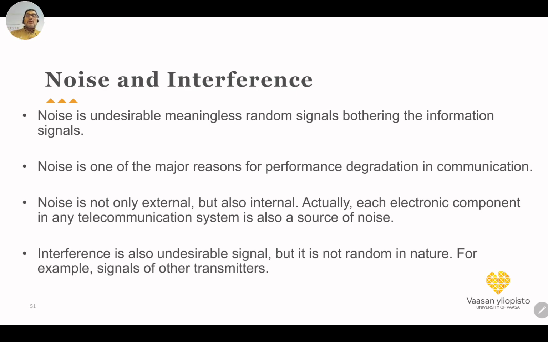So if we have access to this interference signal and we can predict it, we can reduce or cancel it from our signal information. So interference is different than noise, but generally both of them have similar effects.